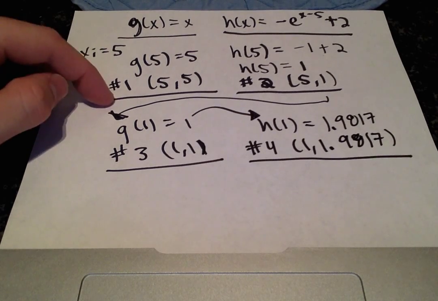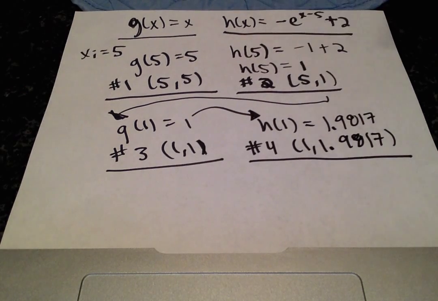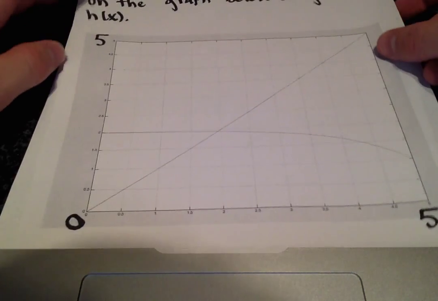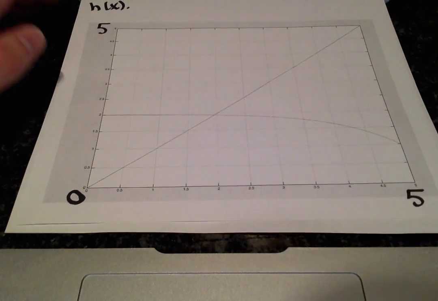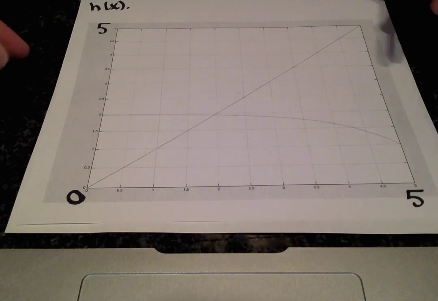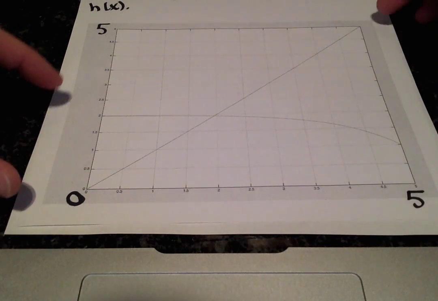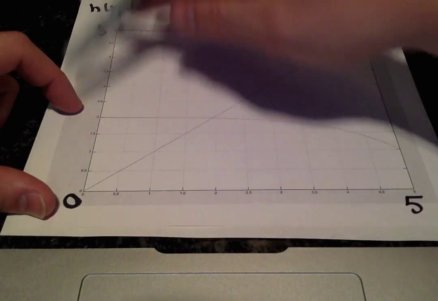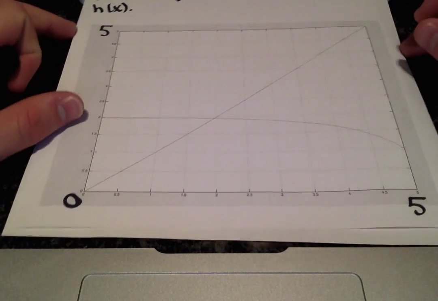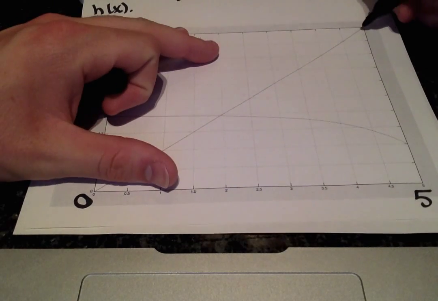So now we can plot these 4 points on the graph that they provided to us. So let's go back to that graph right here. Okay, so the window is 0 to 5 for the x and y axis. So our first point is going to be in the top right.